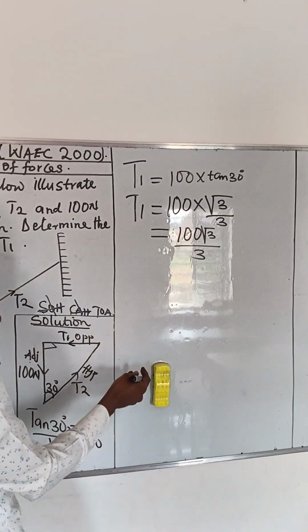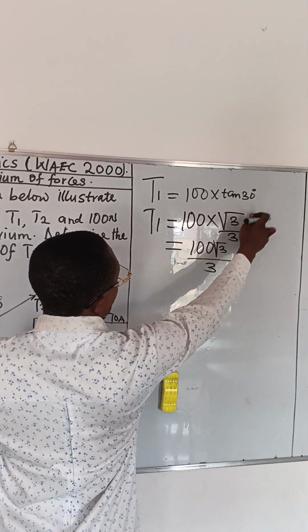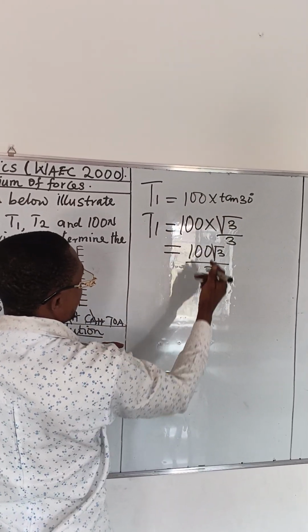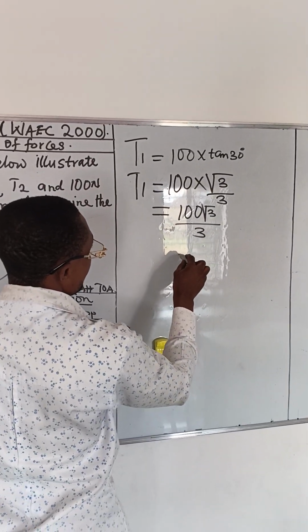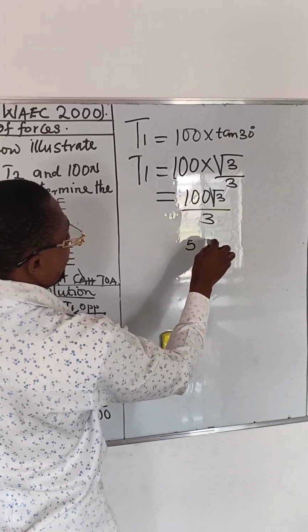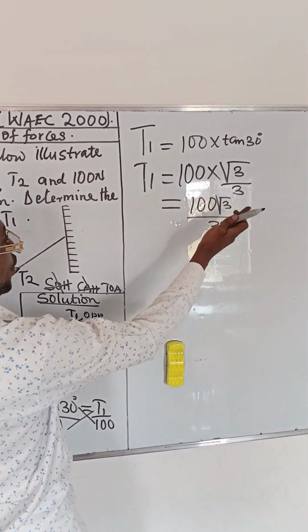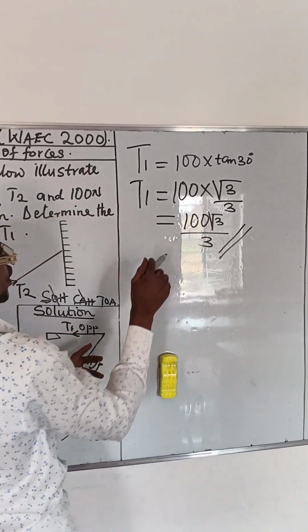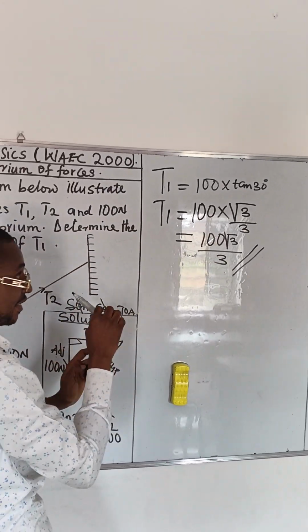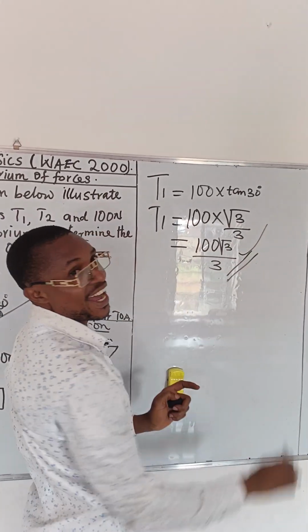If you use your calculator by punching tan 30 times 100, you are going to have something of this nature, 57 point something. Use your calculator, you can get it. But if it's like this, it's correct, because this one shows that you apply your brain totally. Bye.